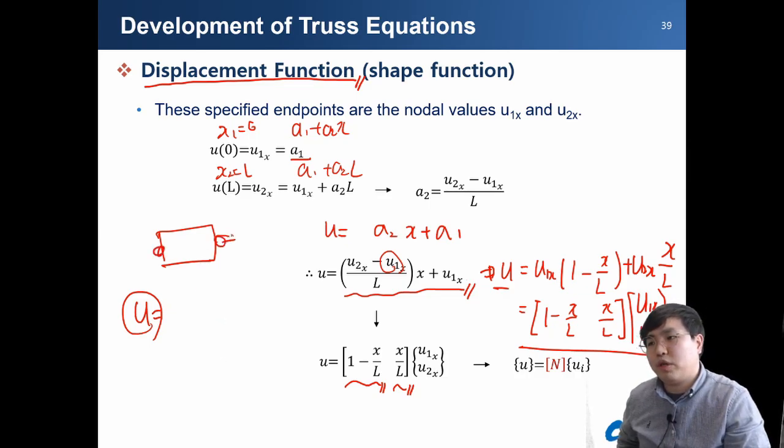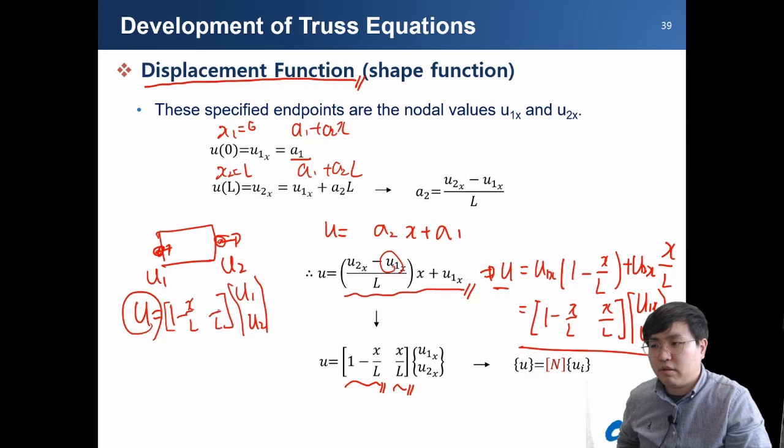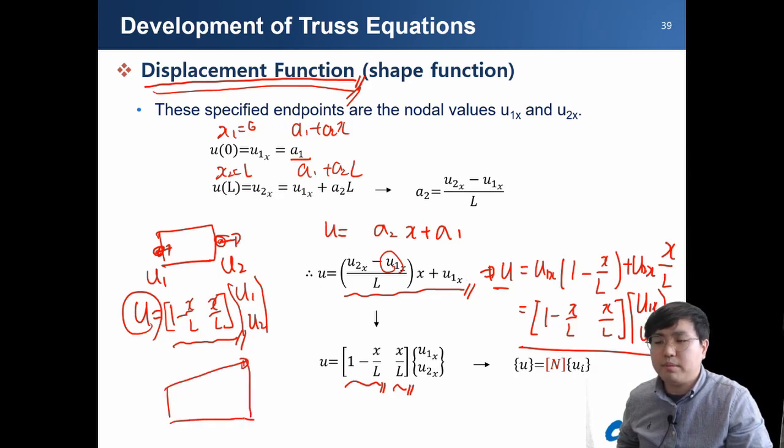Actually we are going to obtain the exact values at the two nodal points, so that if you know the exact displacement values at the two nodal points, you can define the whole displacement field using this polynomial displacement function. This polynomial displacement function has a simple linear relationship. If the values at the end points are u1 and u2, then the middle part is simply the half value here.